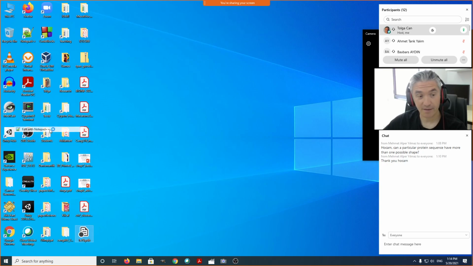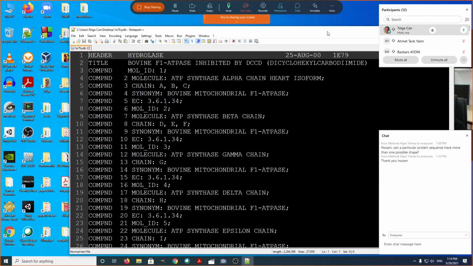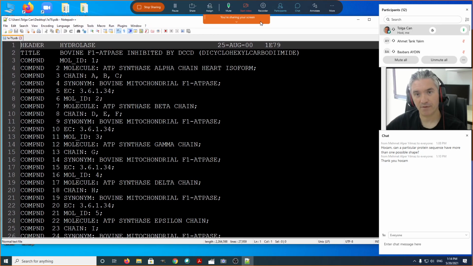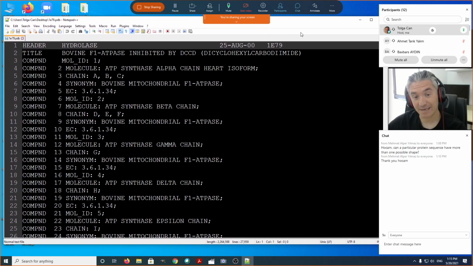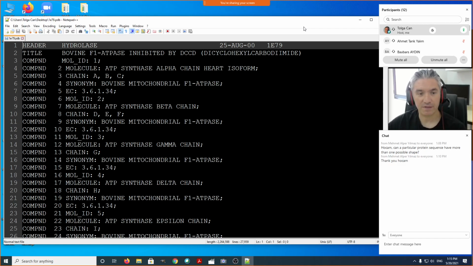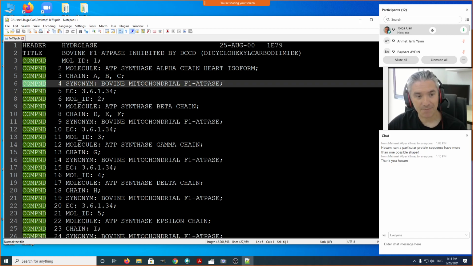It's a text file, and this format has been around before we had XML or JSON, any structured way. It's really unstructured. It's a really old file format, in which every line contains some information, and it contains some keyword at the beginning.